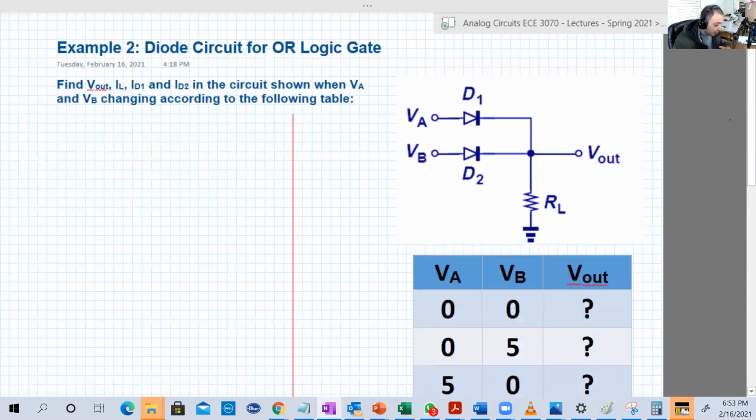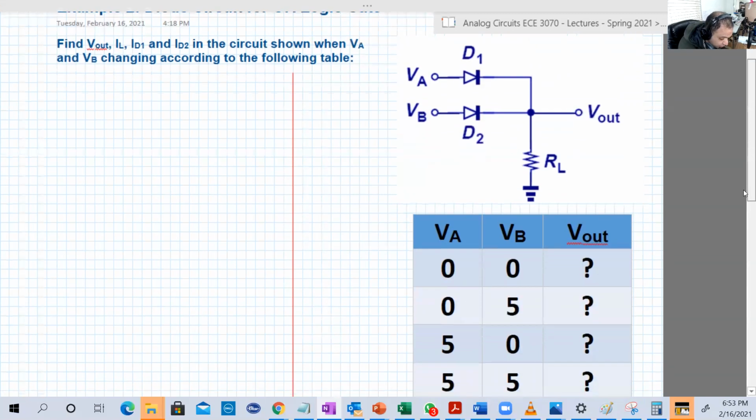So our example here is a diode circuit, which has 2 diodes, D1 and D2, and a resistor here. It's required to find the voltages and the current at 4 possible combinations of VA and VB.